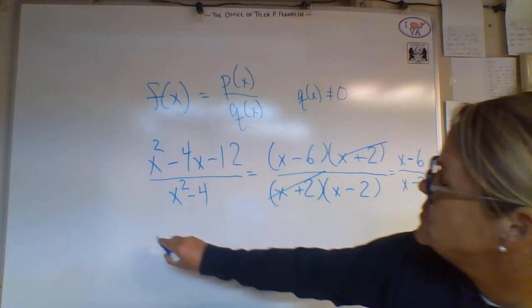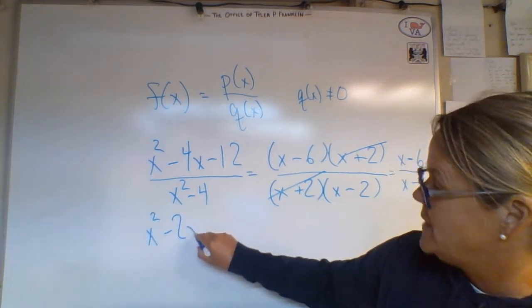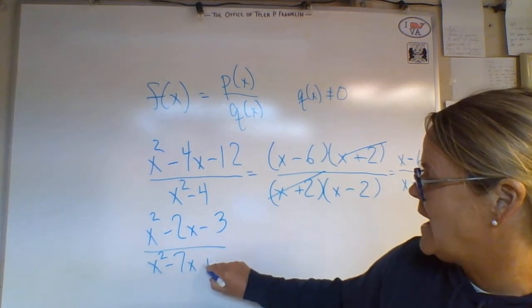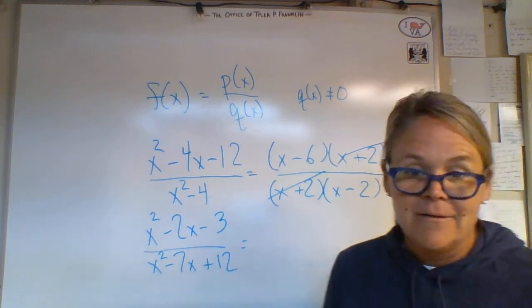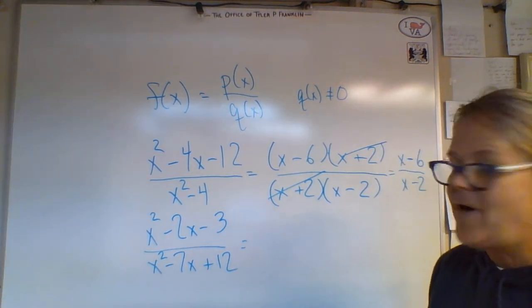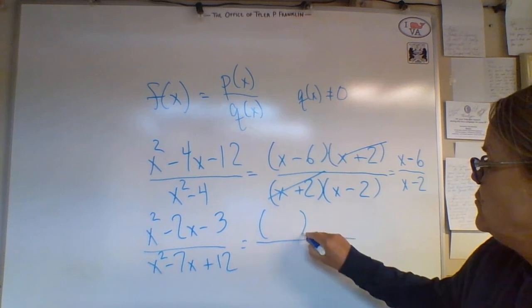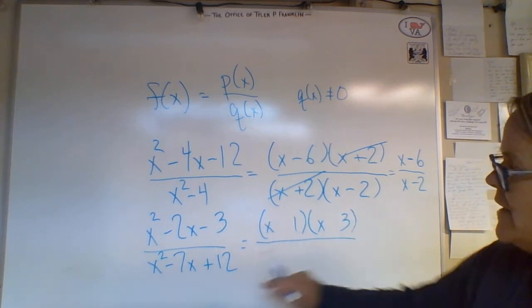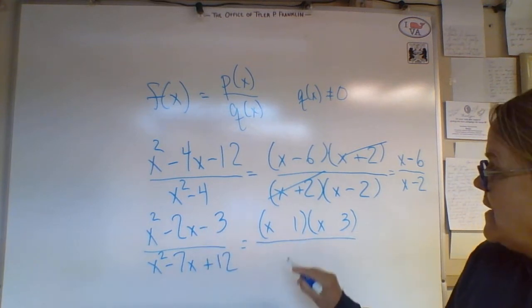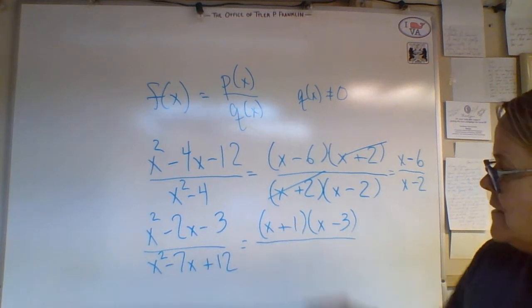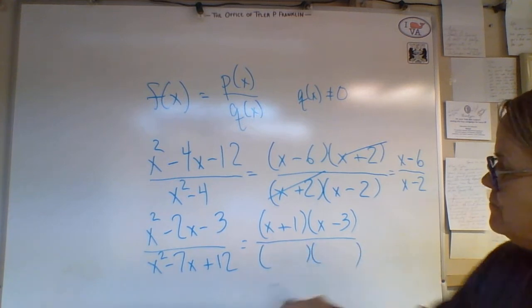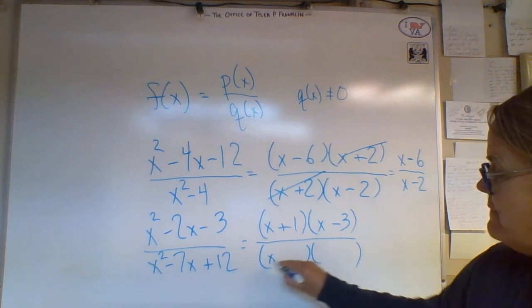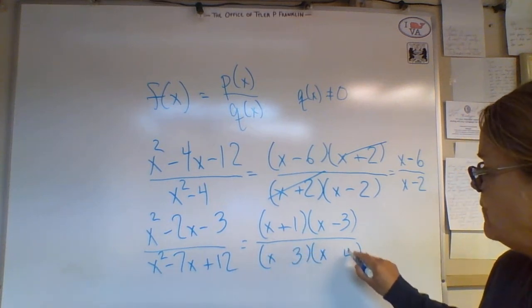So one more of those. If I gave you x squared minus 2x minus 3 over x squared minus 7x plus 12, factor the top, factor the bottom. Two numbers that multiply to give me 3 are 1 and 3, one of each sign, so the larger number gets the sign of the middle. On the bottom, two numbers that multiply to give you 12 and add to give you 7 would be 3 and 4.